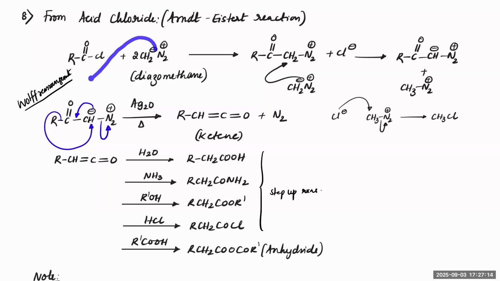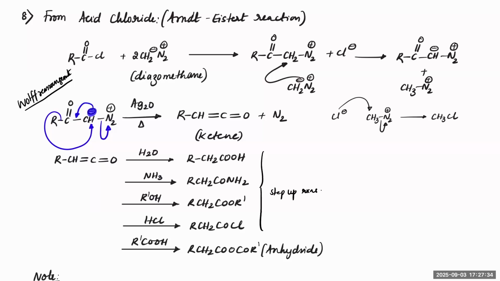This CH2 minus will attack the carbon first and remove this chlorine. So you would get this form here. Now once you get this form, N2 is a good leaving group. That will go.